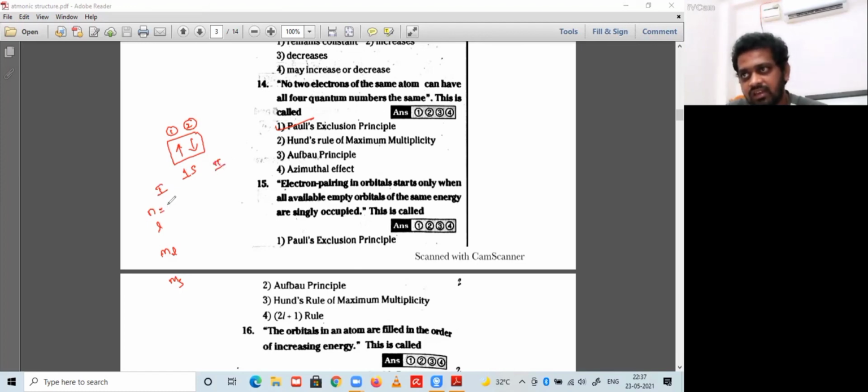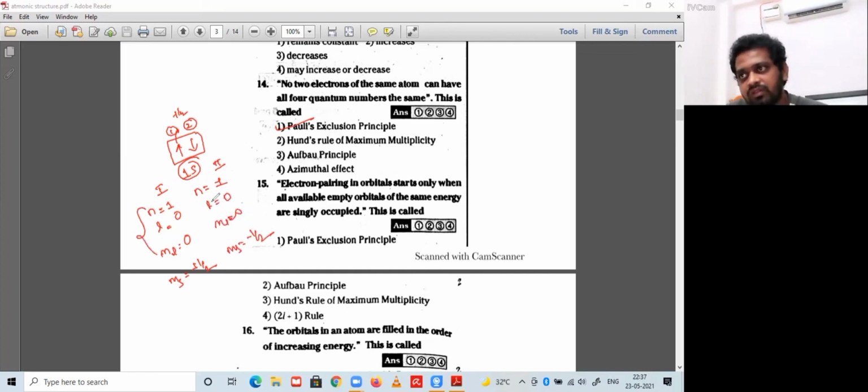For the first electron, N value is 1. Since it is present in the s subshell, L value is 0, and for the s subshell, Ml value is also 0, and the first electron will revolve in the clockwise direction, so it will be plus 1 by 2 for its spin. For the second electron, N value is 1, L value is 0 and Ml value is 0, but Ms value is minus 1 by 2.